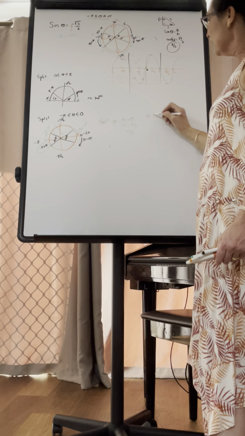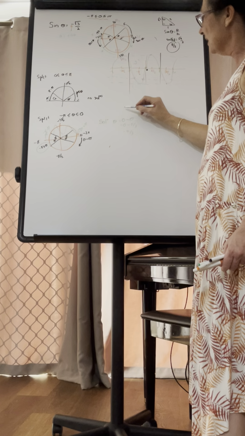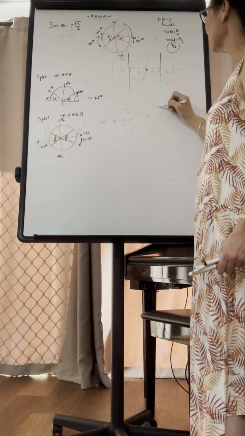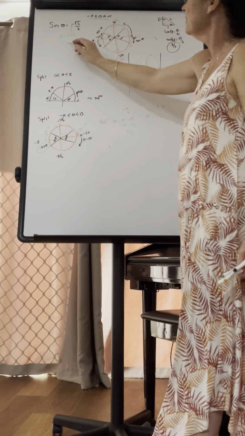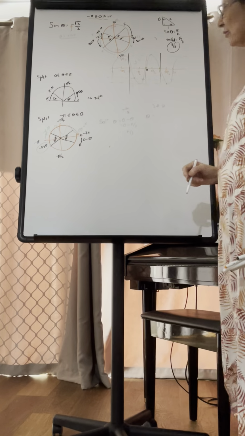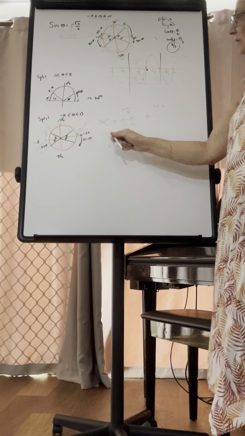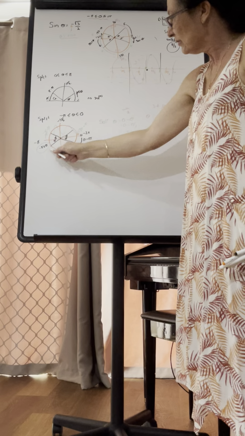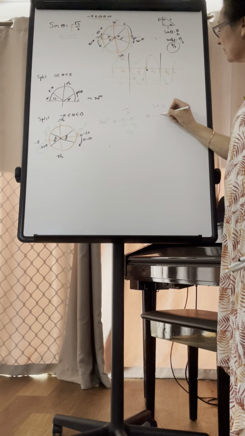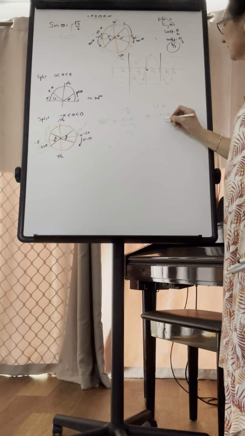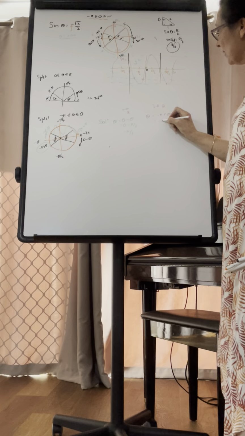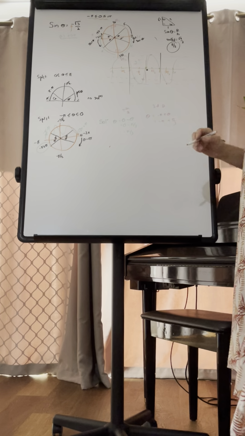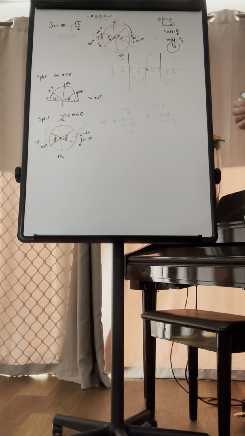So the other solution is going to be in the 3rd quadrant, because we knew quadrant 3 and quadrant 4. So in quadrant 4, we did this one. In quadrant 3 is minus that plus theta. So it's minus pi plus pi over 3. Now you can do it using your degrees.